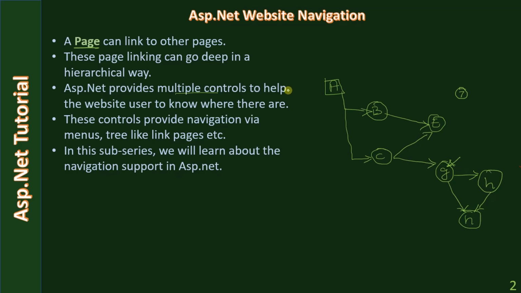So you need not derive the link, the control will take care of it because the hierarchy was already specified in the sitemap. Here we will learn SiteMapPath, that's one ASP.NET control, Menu, TreeView, as well as the XML sitemap. All those we will learn in this sub-series.